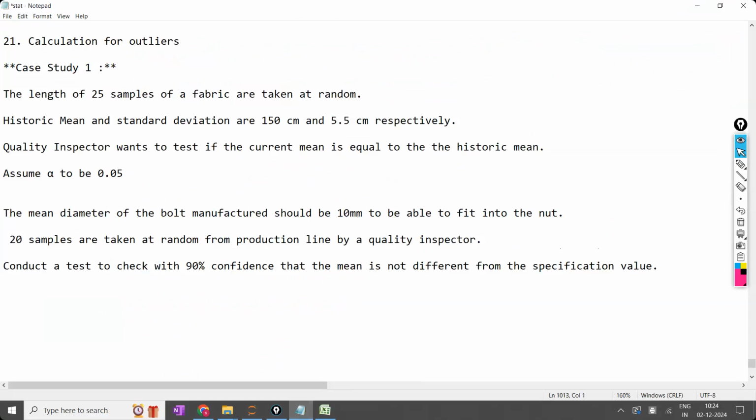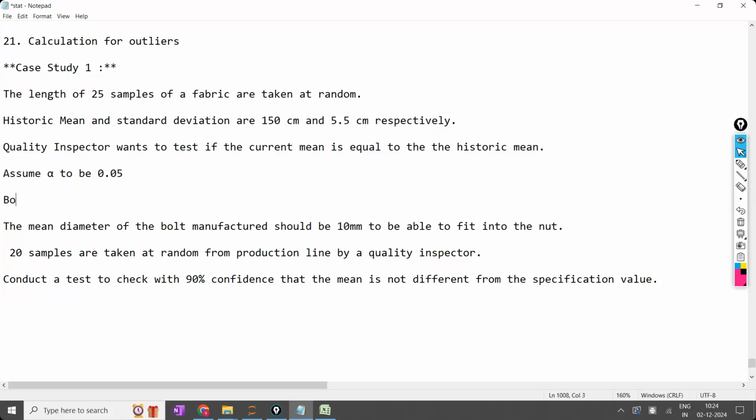Conduct a test with 90% confidence that the mean is not different from the specified value. Bolt diameters. Everyone knows bolt and nut.